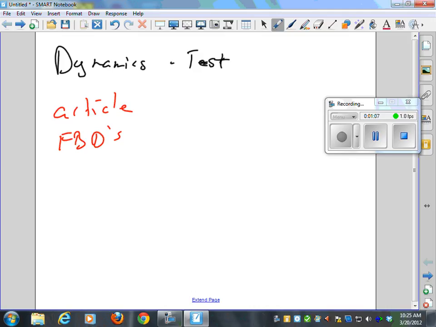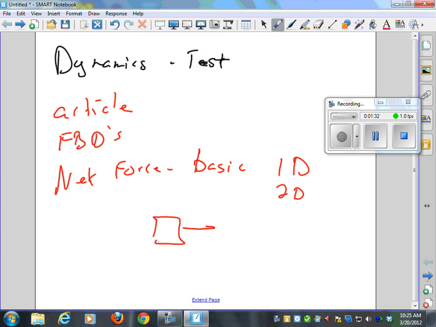We went straight into some notes on net force. So basic net force problems, which was basically a review of grade 11 and maybe a slight extension. So net force problems, certainly in 1 dimension and 2 dimensions. In 1 dimension, someone's pulling one way and someone's pulling another, left and right, positive and negative.